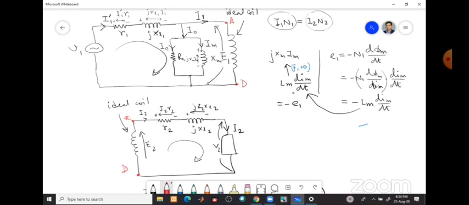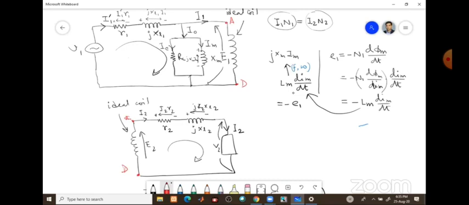If it is not, then why not? The coils I have drawn are ideal coils. So if we remove those, that will not hamper any parameter, because they don't have any parameters: no resistance, no reactance. So is it possible to connect?